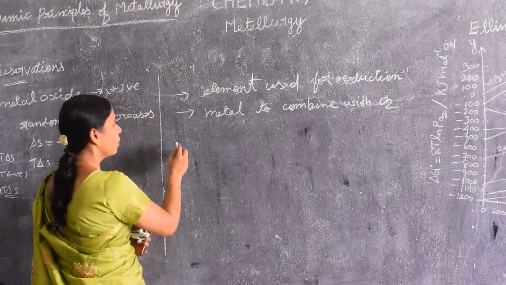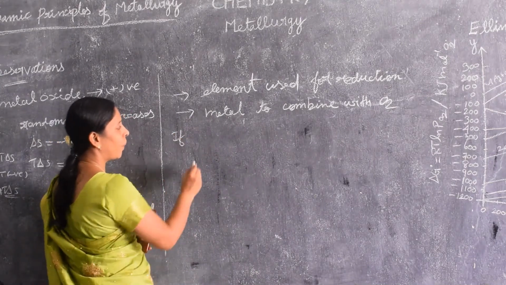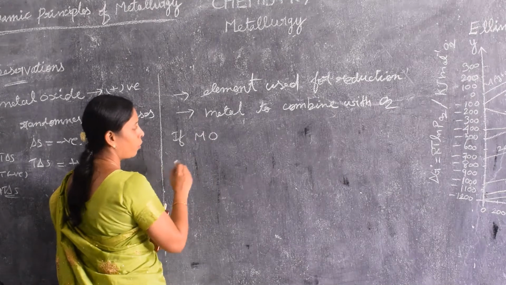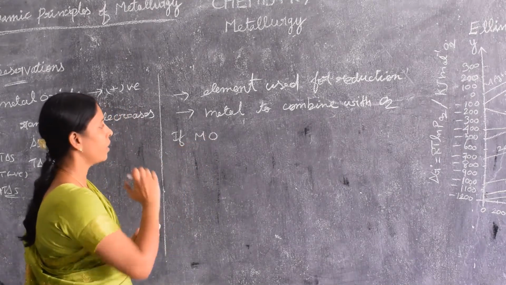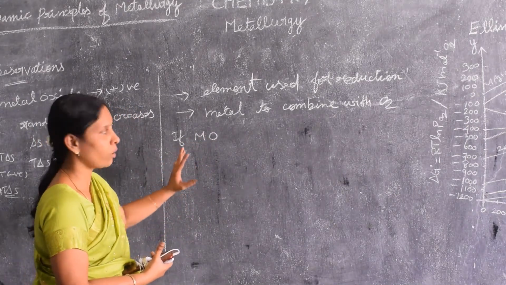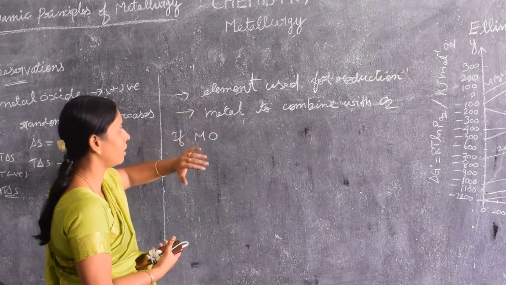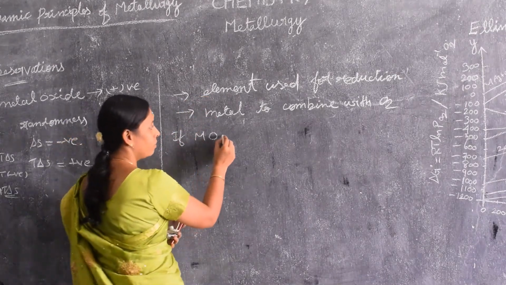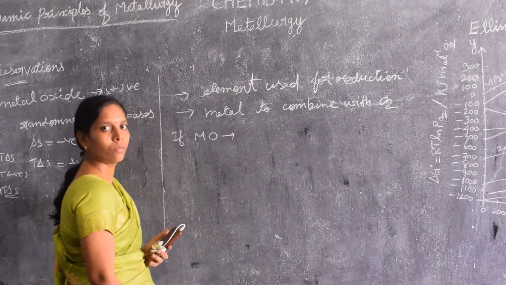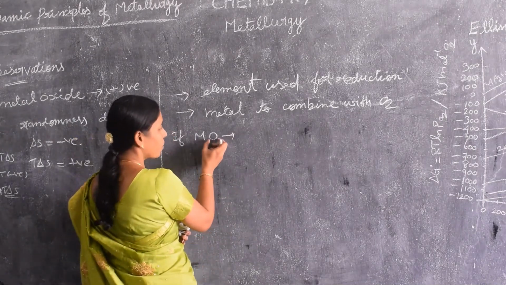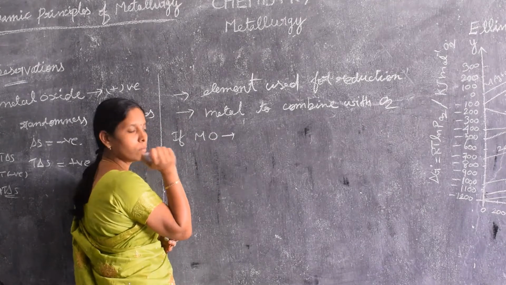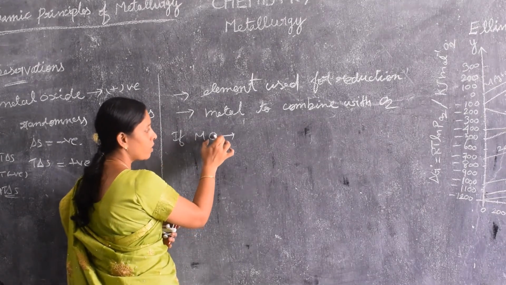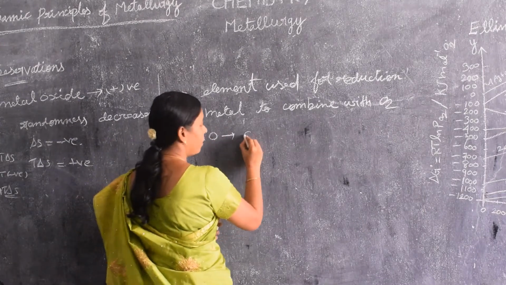Suppose the metal oxide is very stable, which means the oxygen remains with the metal.